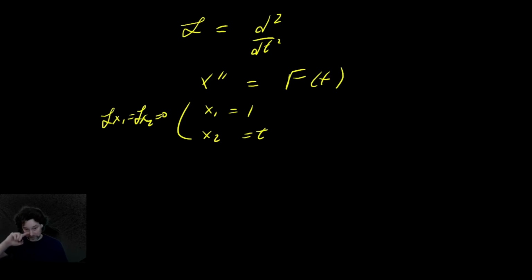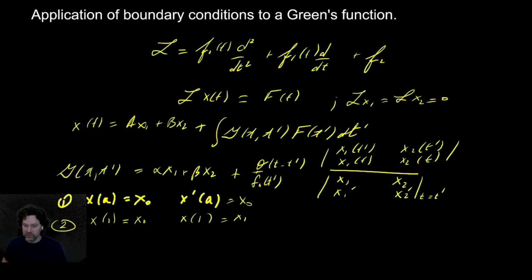Now we want to find, first we're going to have to find the Green's function for this particular differential operator. So for our Green's function, f naught of t is 1, x1 is 1, x1 prime is 0, and x2 is t prime, and x2 prime is 1.